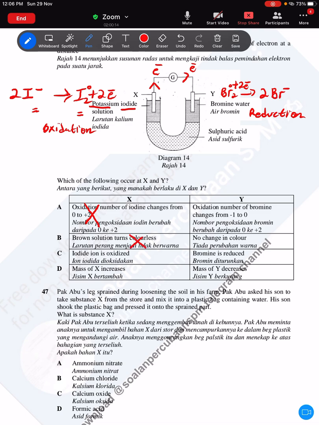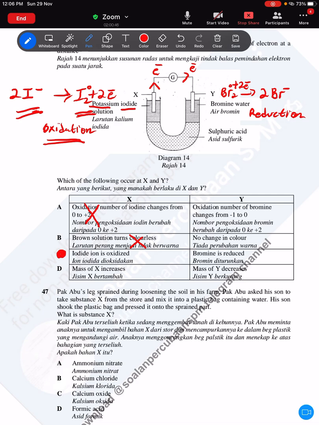It's the other way around. The colorless solution becomes brown. Iodine is formed. Iodide ion is oxidized. Yes or no? Therefore, the answer is C. The mass one is not there. The electrode does not increase in mass. No. There is a gas bubble formed. That's it.